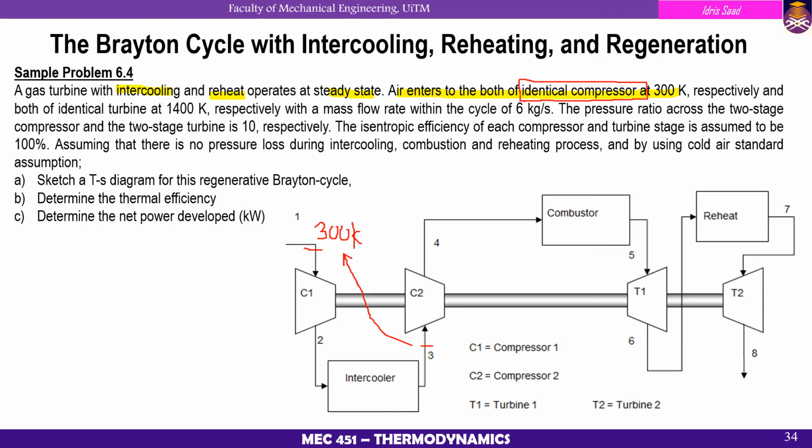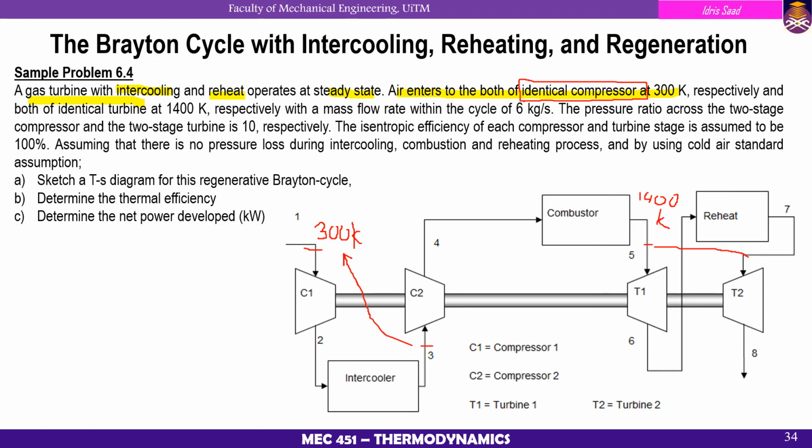The question also says both turbines are identical, so the turbines are also similar. The inlet of the turbine at state 1 is 1400 Kelvin, and this is also similar to the intake for the second turbine.